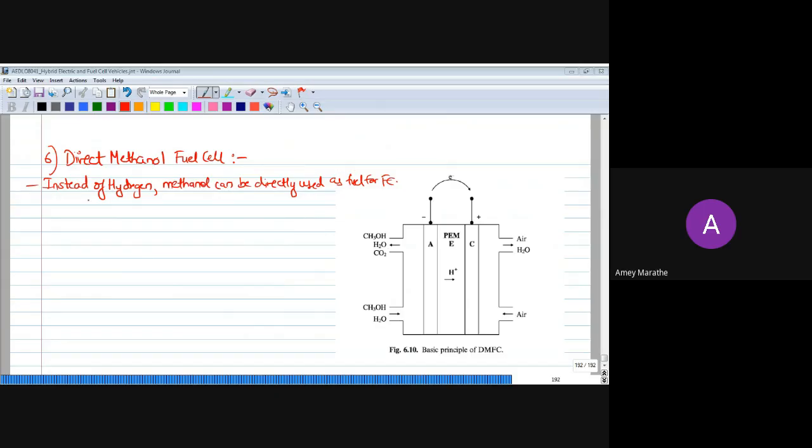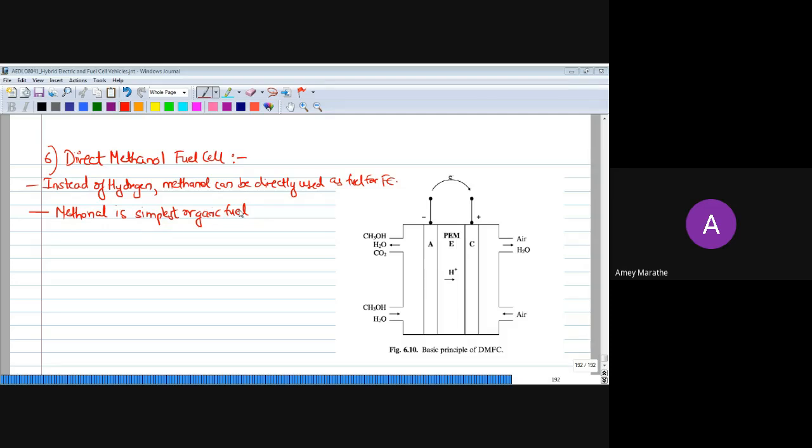So the very important reason why this is becoming popular, or may become popular in the coming days, is because methanol is the simplest organic fuel, which is economical and efficient, and it can be produced on a large scale from fossil fuels such as coal and natural gas.